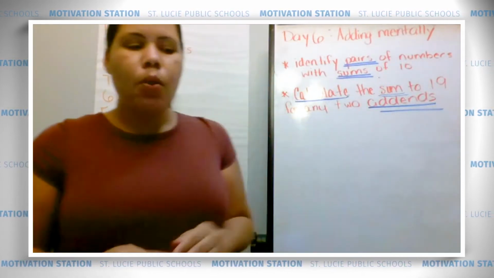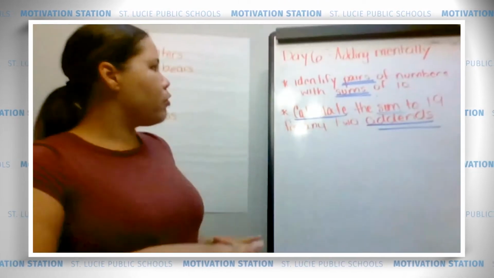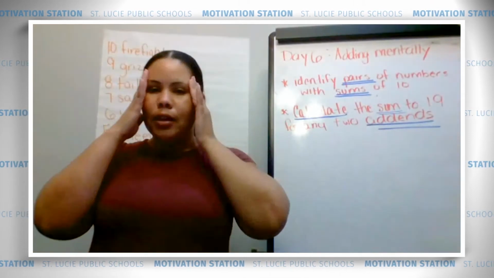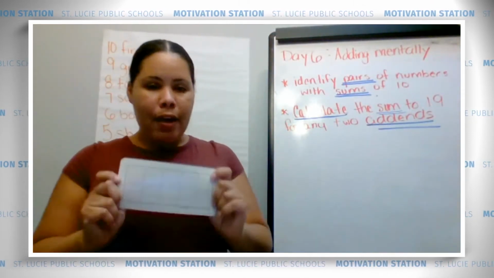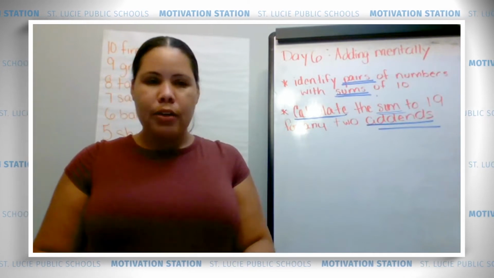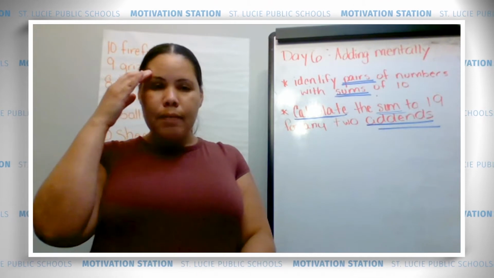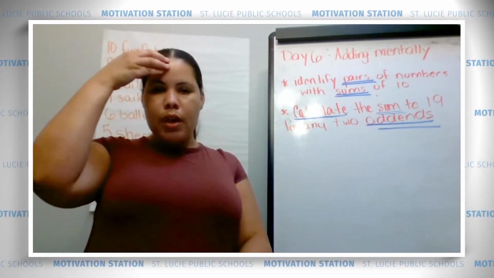We're going to continue our learning today, and our goal for day 6 is all about adding mentally, using our minds to be able to add. We have been using a 10 frame and our tiles a lot, but we want to use our minds now to mentally figure out what's happening on those 10 frames.